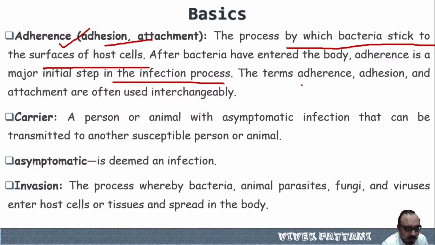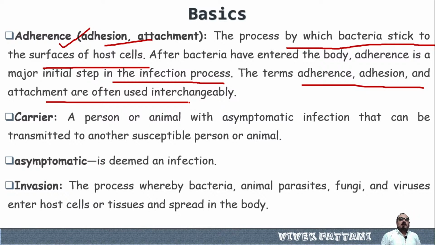The terms adherence, adhesion and attachment are often used interchangeably. So basically adherence is a process by which a bacterium or any microbe attaches to the surface of the host cell.